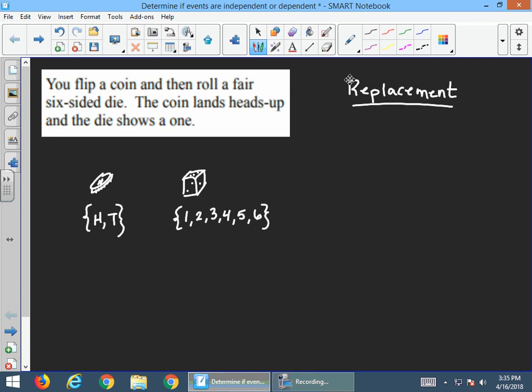My question is, are these two events independent of one another? If I flip a coin and it lands on heads, does that give me an advantage when rolling the die? Maybe I say the second event is I have to try to roll a 1. If I flip heads, there's a 1 in 6 chance of getting a 1. If I flip tails, there's still a 1 in 6 chance of getting a 1.